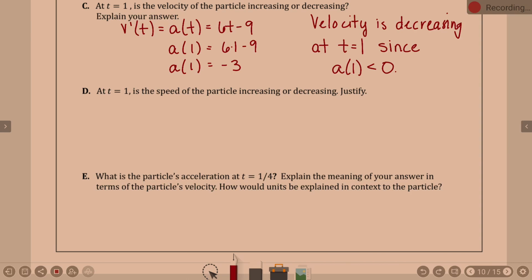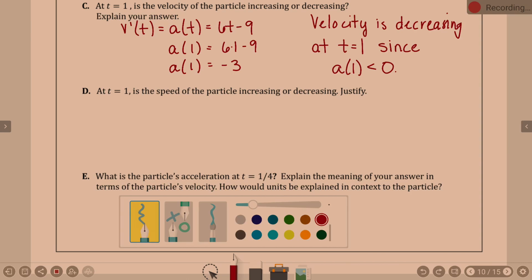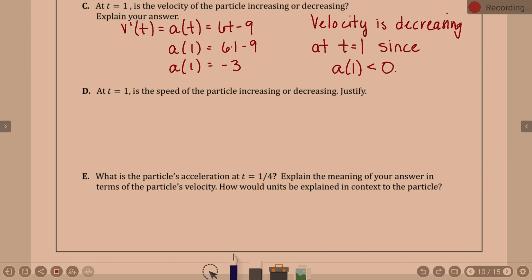Because, I'm going to say, well, I guess the way we can justify it is if we plug in v of 1, we could find the velocity at that point, and we already know that the acceleration is probably going to be negative. If the acceleration is negative, it means the speed is decreasing. We already know acceleration at 1 is negative.